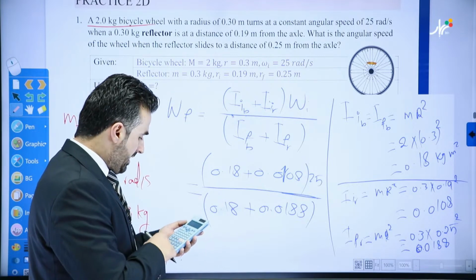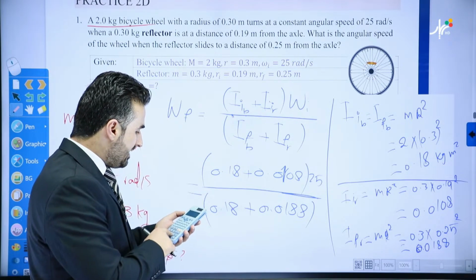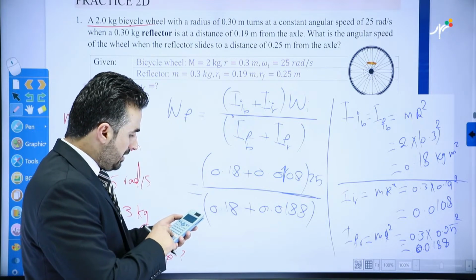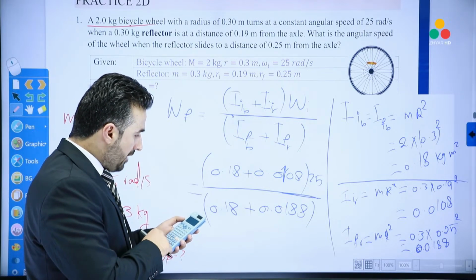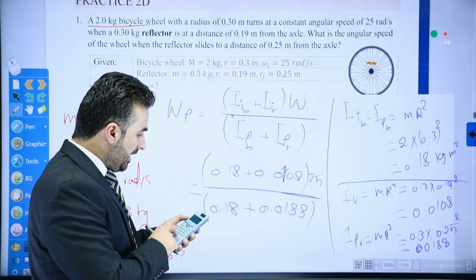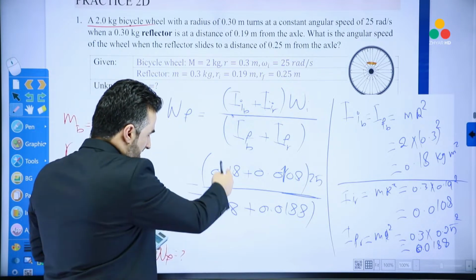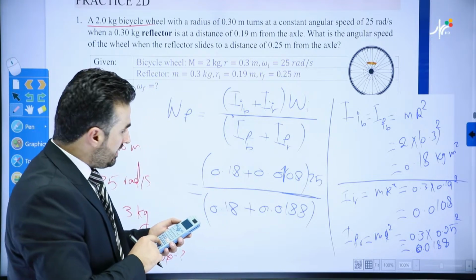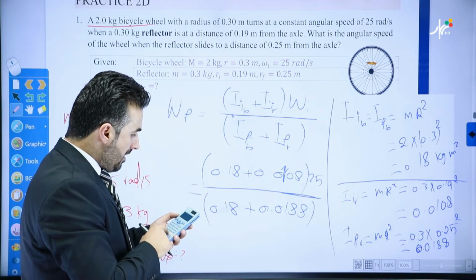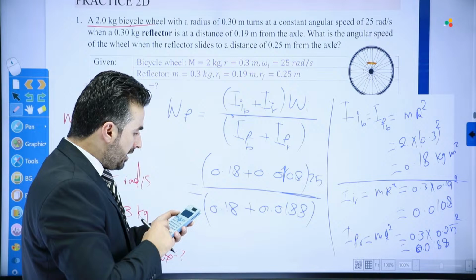Open bracket, 0.18 plus 0.0108, close bracket, multiply by 25, that is the angular speed here, divided by, open bracket, 0.18 because it is the same, plus 0.0188, close bracket.